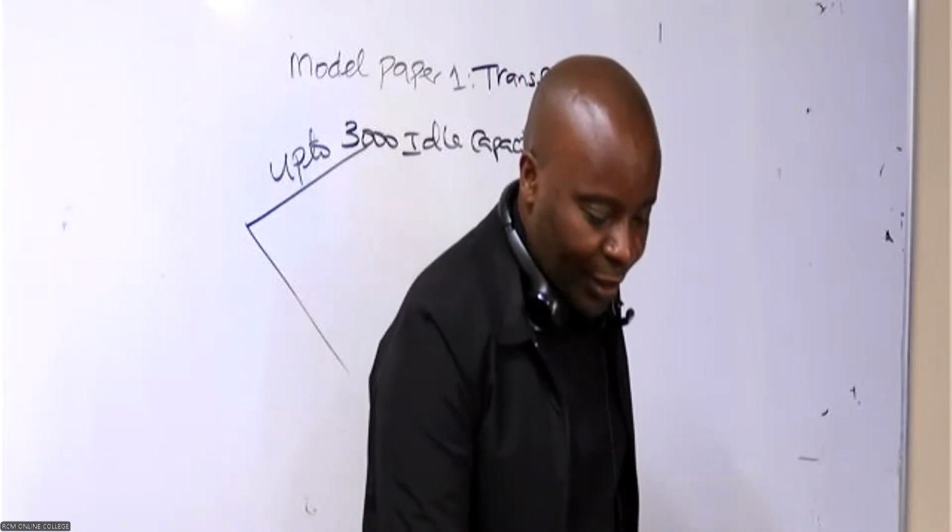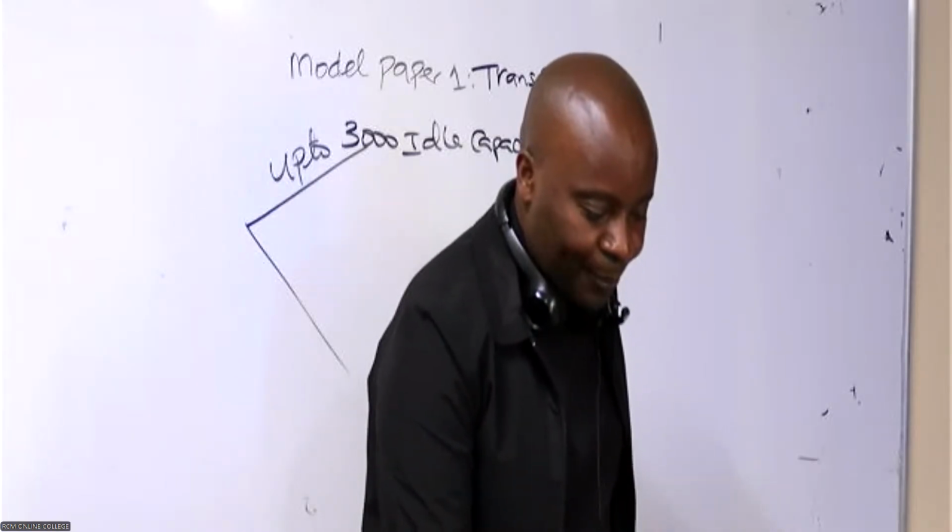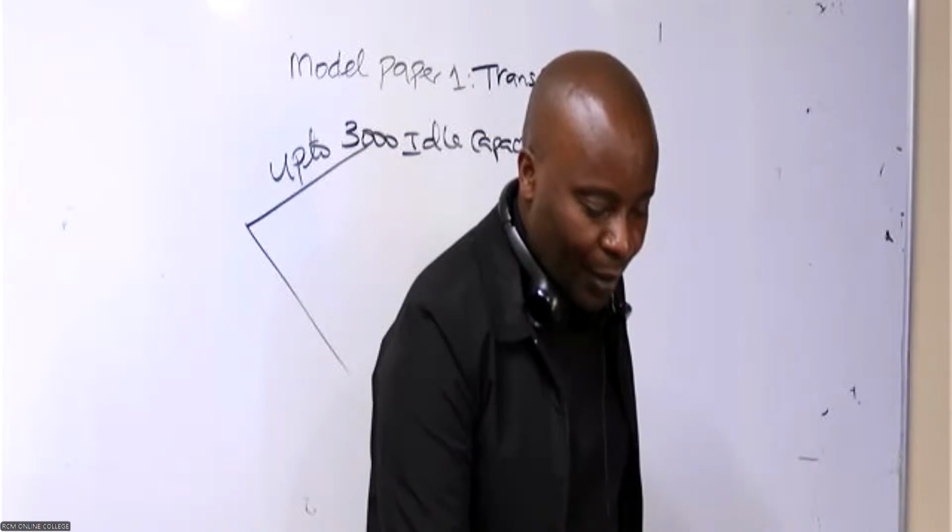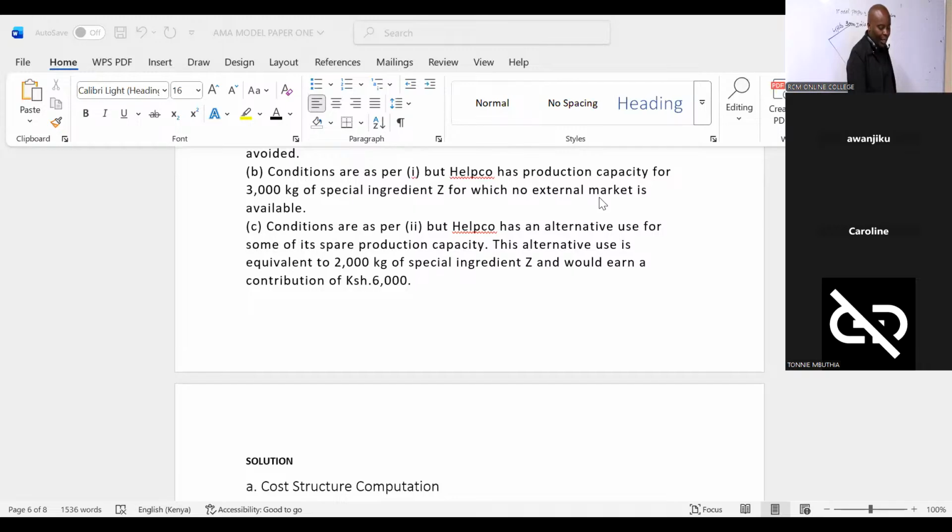That we have in this case for condition 2. So for condition 2, what are we told, ladies and gentlemen? That the company has production capacity for 3,000 of this Z, for which there is no external market.